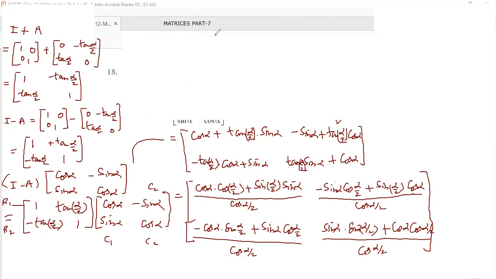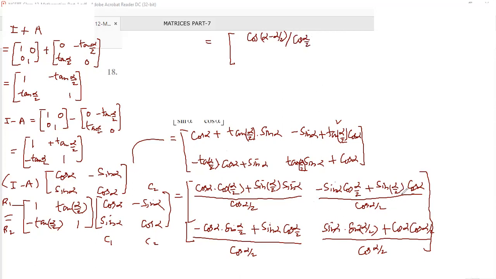So it will convert into cos(A minus B). That means cos(alpha minus alpha by 2), and the denominator is written as it is, divided by cos alpha by 2.